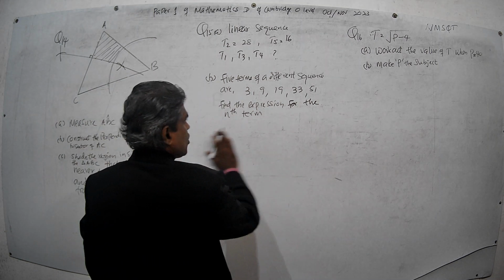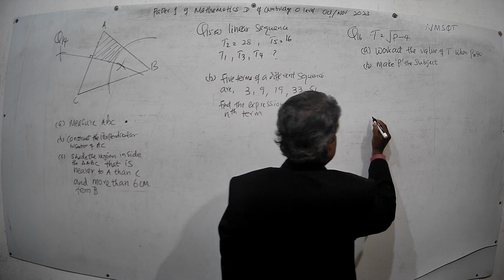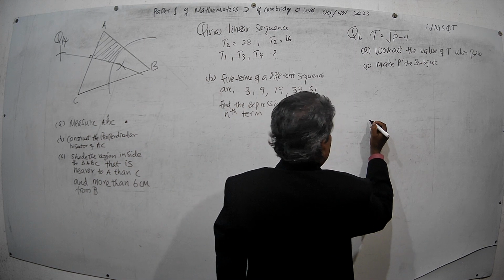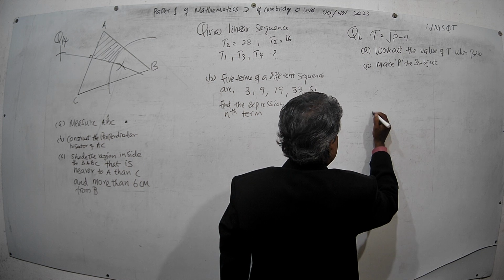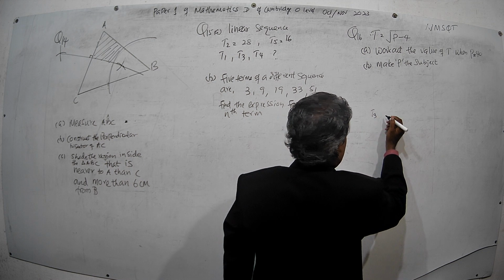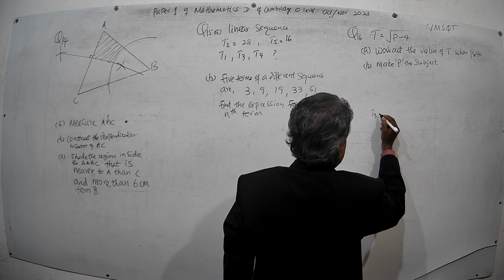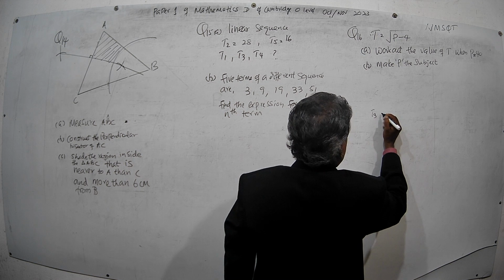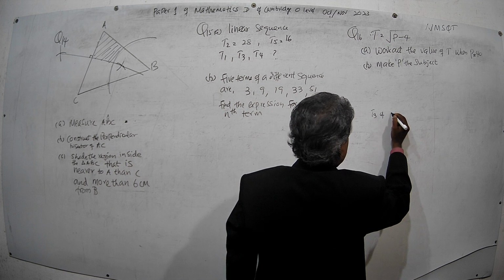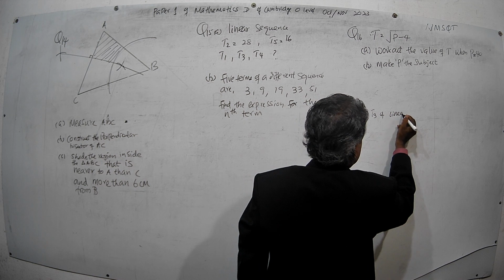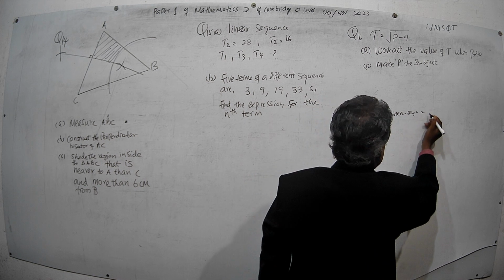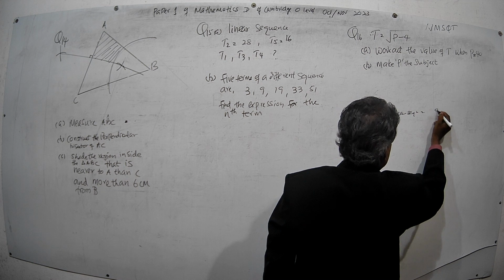First of all, let's say if you know one term, for example T3 of a linear sequence is given as 9.